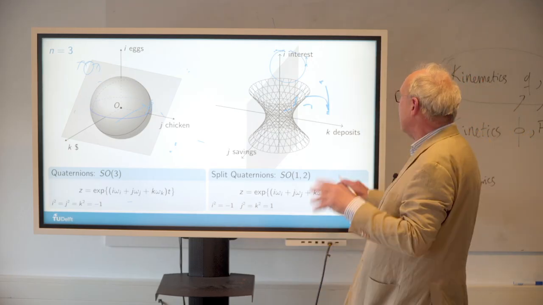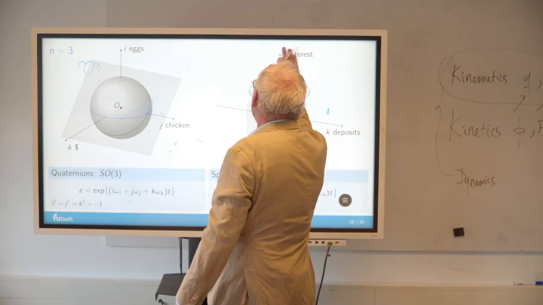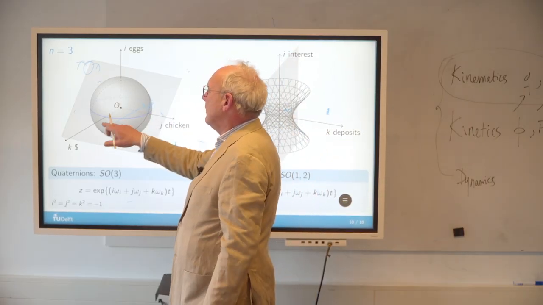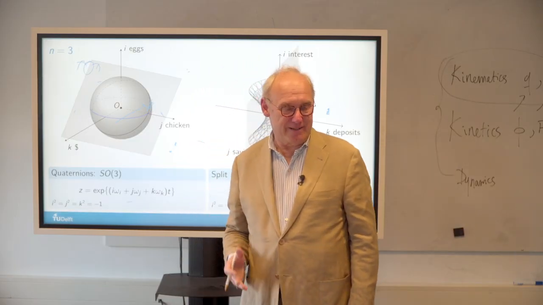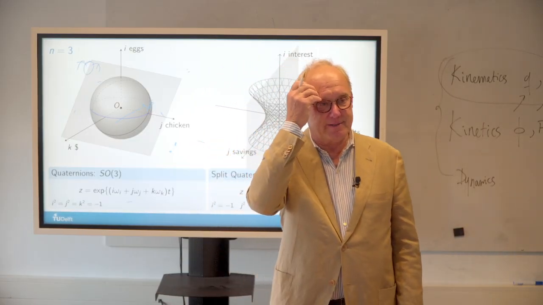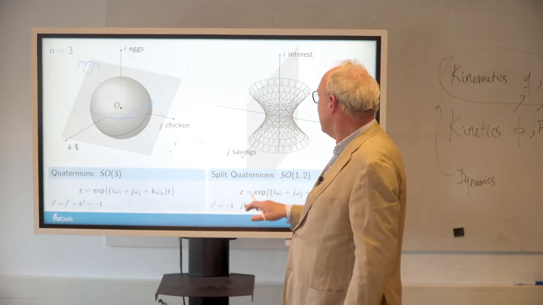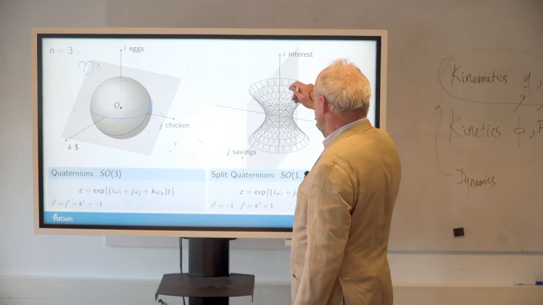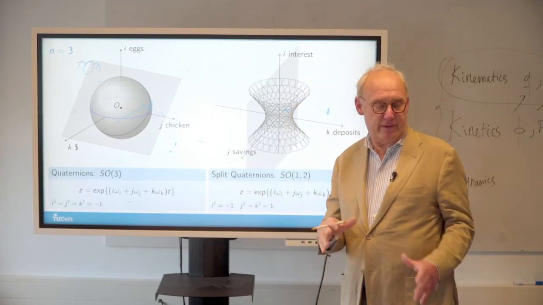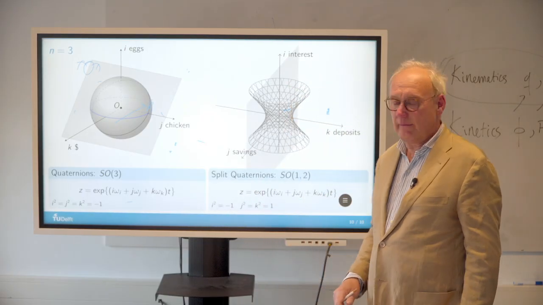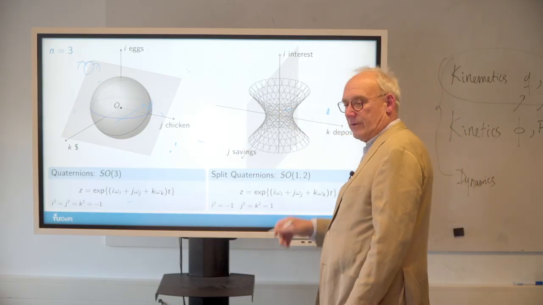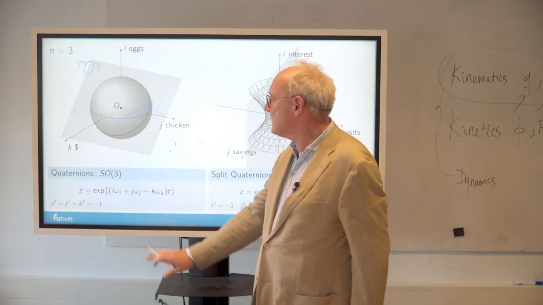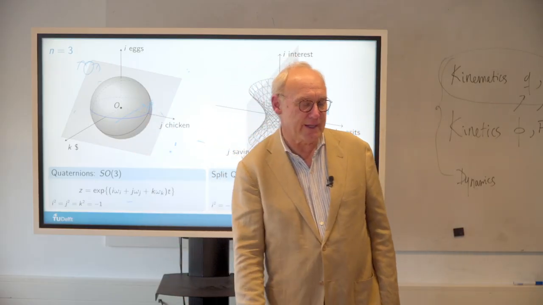So here I have one with three amortizing possibilities to amortize, okay? And here I have something with one kind of amortizing thing or reorientation, right? And two growth things, all right? So let's start with this guy, okay?